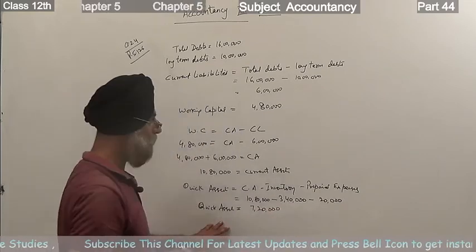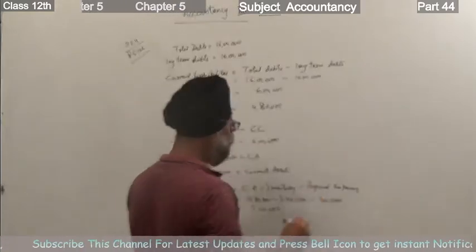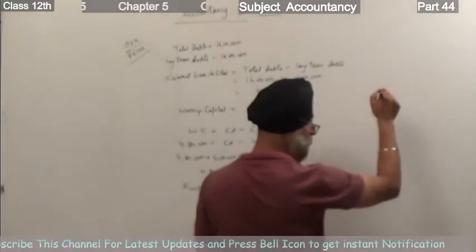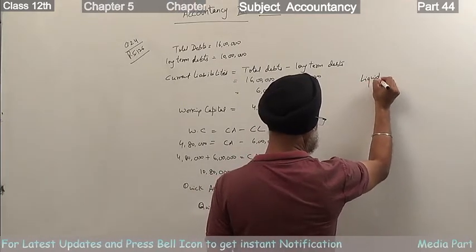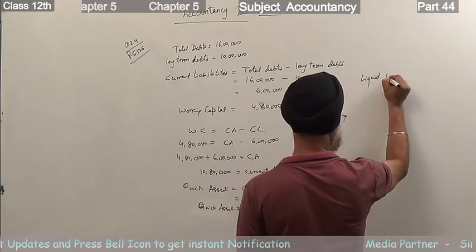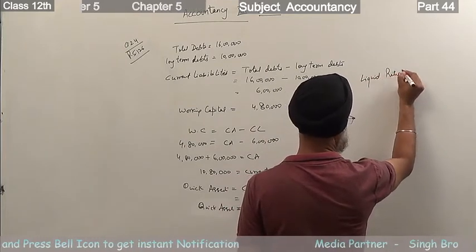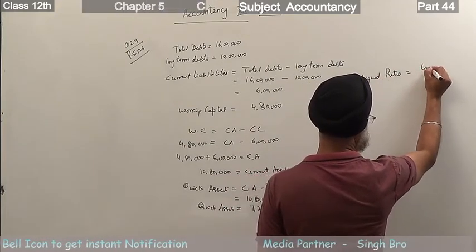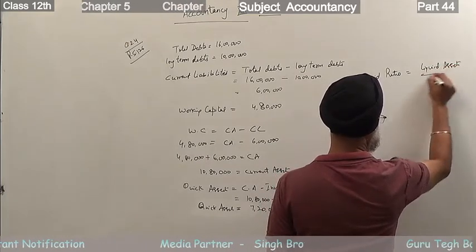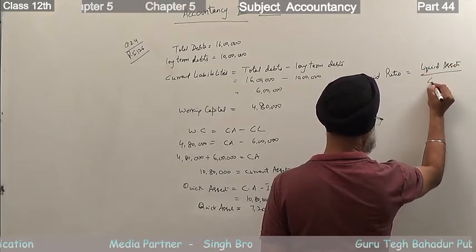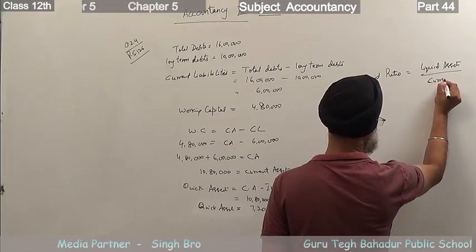This is quick assets. Now find liquid ratio, or acid test ratio, quick ratio. These are the other names of the liquid ratio. Liquid assets upon current liabilities.